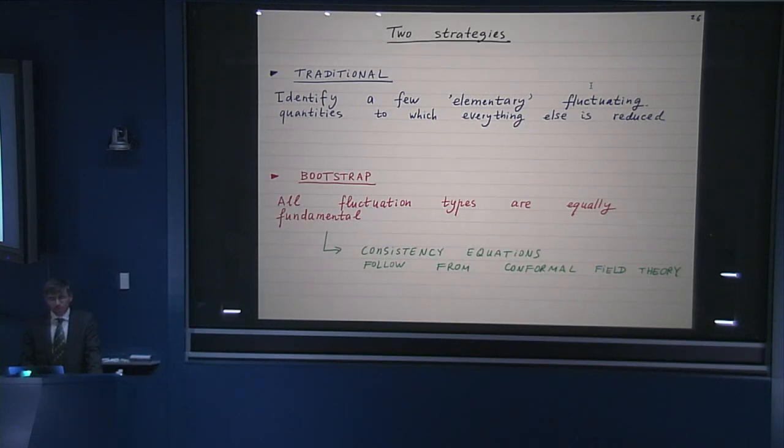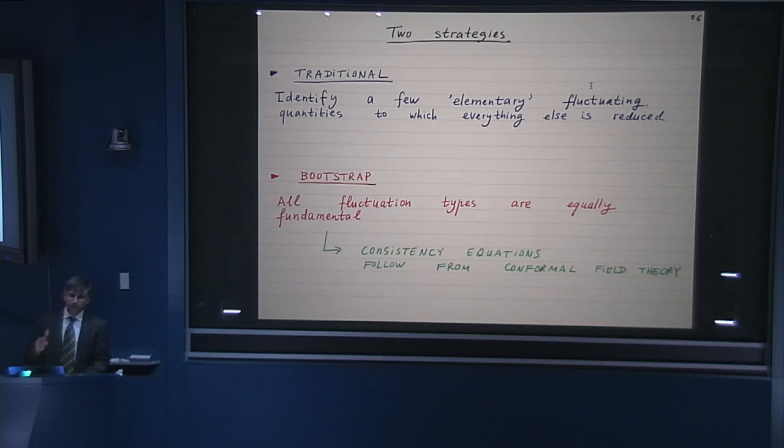The reason is that, remember I was telling you that it was very important that elementary constituents of your system, if you would like to think in terms of elementary constituents, have to be weakly interacting. And it turns out that in this system, this condition is not satisfied. So if you try to separate everything into elementary fluctuations, it's not going to work because these elementary fluctuations strongly interact with each other.